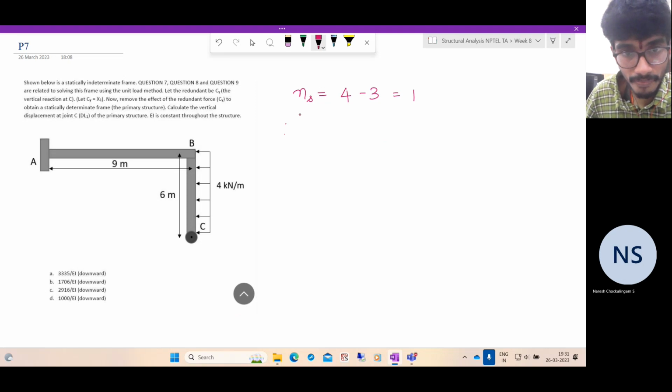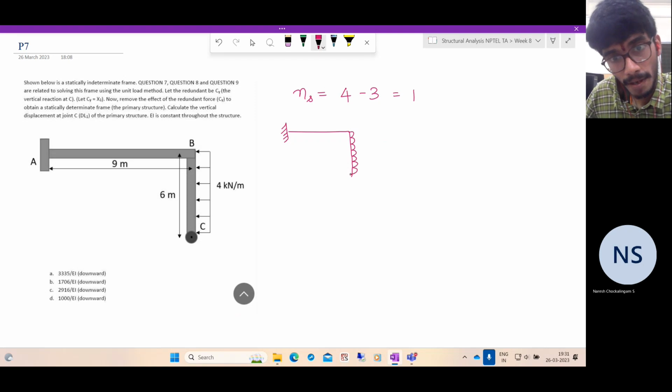So the primary structure is something like this, with the applied loading. So how does it deform? It deforms something like this. So this is the primary structure subjected to the applied external loading.